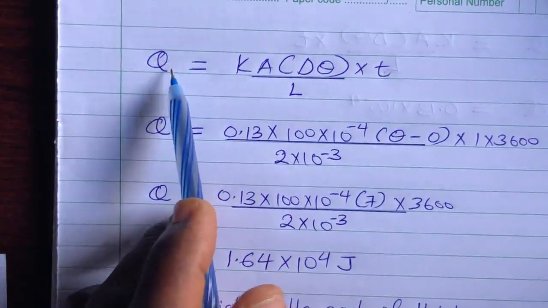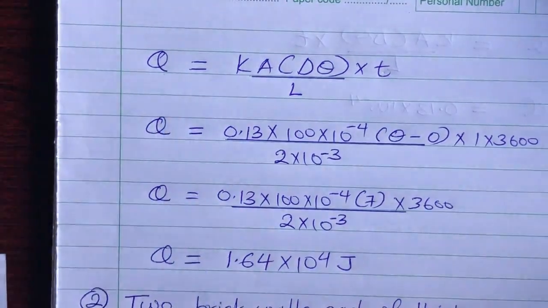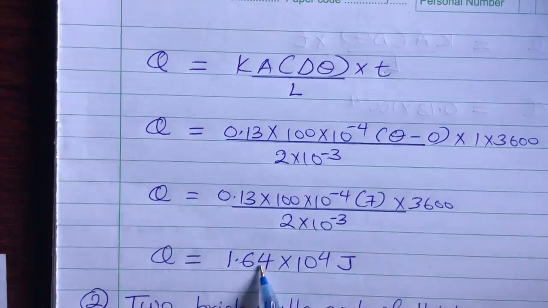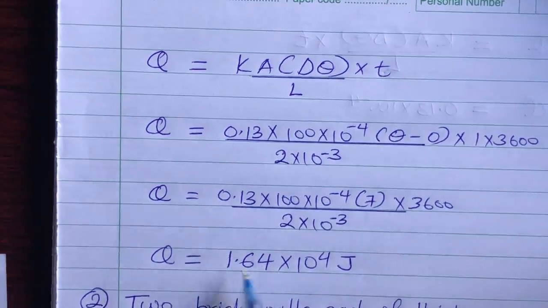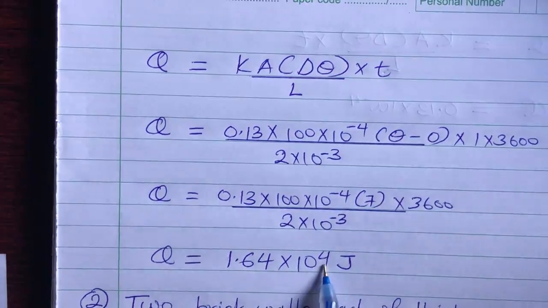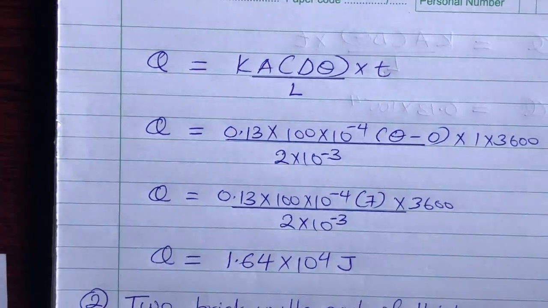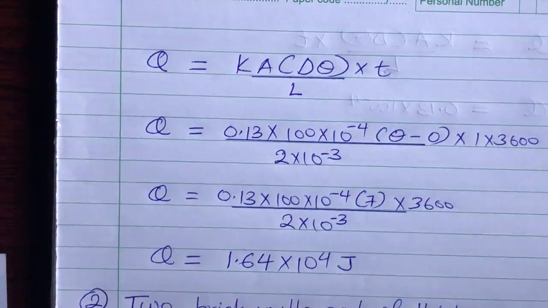So when we make it the subject and substitute, we shall end up with 1.64 × 10^4 joules. So that is our first example on surfaces in series arrangement. We are still looking at more examples under series arrangement of surfaces.